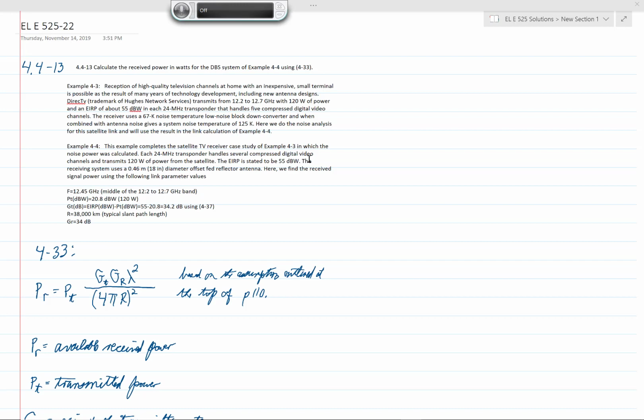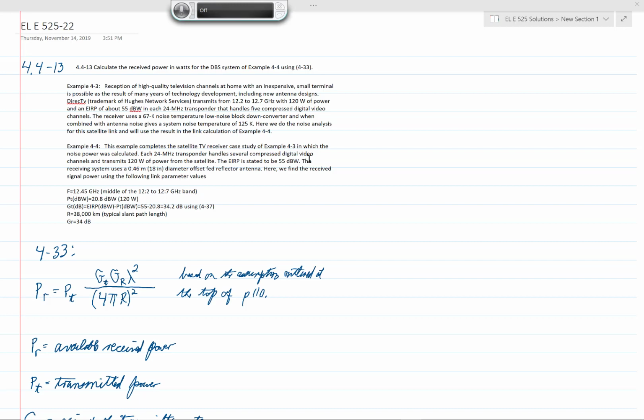DirecTV transmits from 12.2 to 12.7 gigahertz with 120 watts of power and an EIRP, as you will find in your reading in chapter 4. EIRP is effective isotropically radiated power. So, an EIRP of 55 dBW in each 24 megahertz transponder that handles 5 compressed digital video channels.